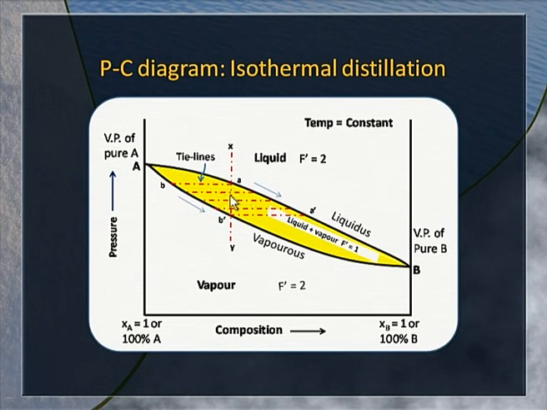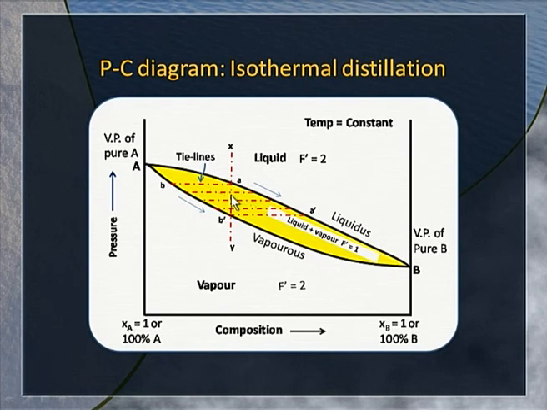And as we do that, the vapor composition starts drifting along the line B to B prime. Similarly, the composition of the liquid, which was at point A, starts drifting towards A prime, which is shown by a series of horizontal lines called tie lines.